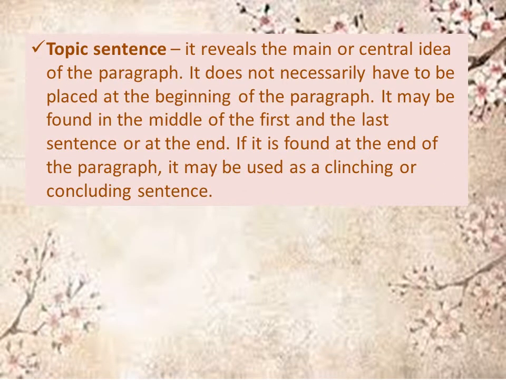So what is a topic sentence? When we say topic sentence, it reveals the main idea or the central idea of the paragraph. It does not necessarily have to be placed at the beginning of the paragraph. It may be found in the middle, or at the first or the last of the sentences, or at the end. If it is found at the end of the paragraph, it may be used as the clinching or concluding sentence.